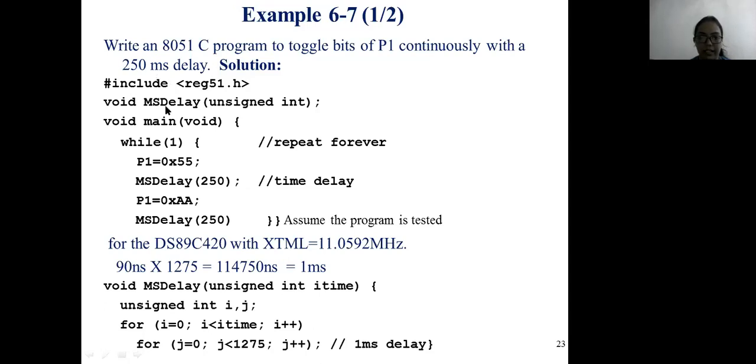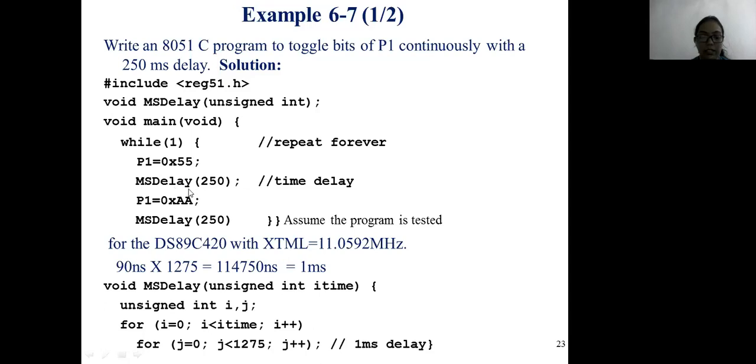So we will define here void msdelay, and that delay value will be an unsigned integer value. So unsigned int you will define as 250. The count given to you in the question is 250. So simply before and after toggling, you will provide a delay of 250 milliseconds.